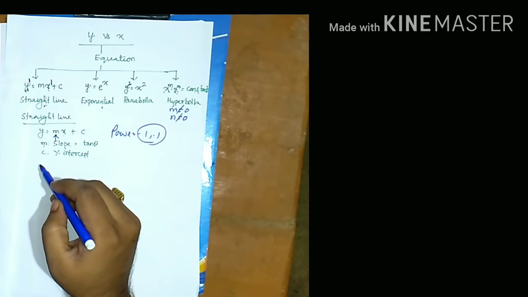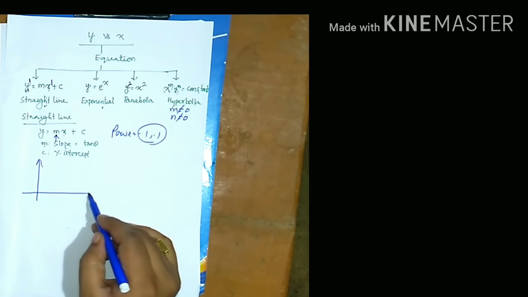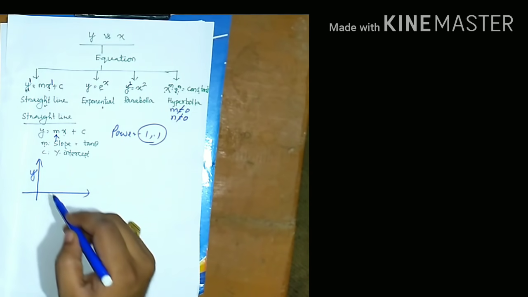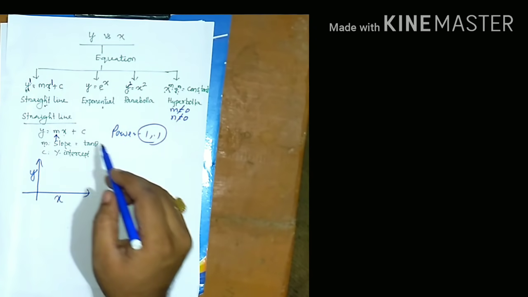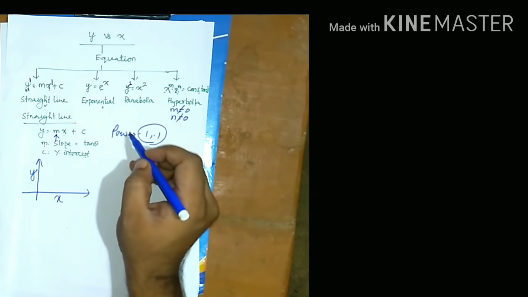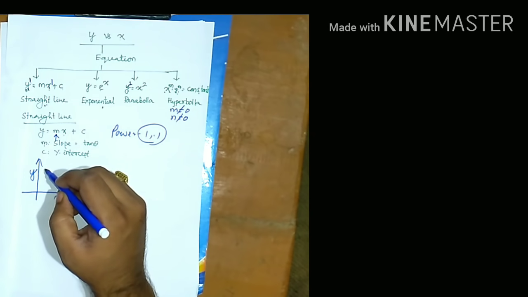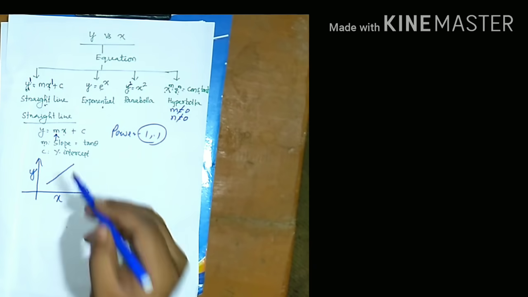So I can put a graph. This is y, and this is x, and what is theta here? It is a straight line.